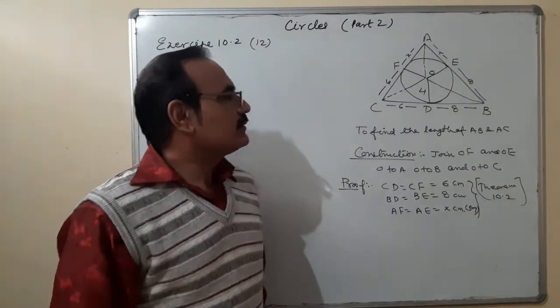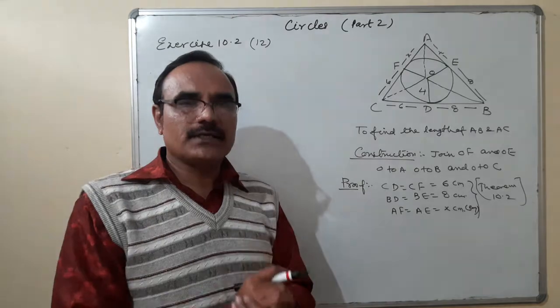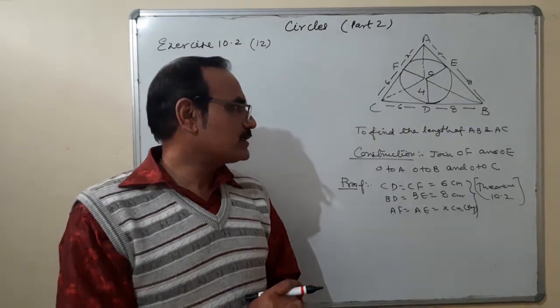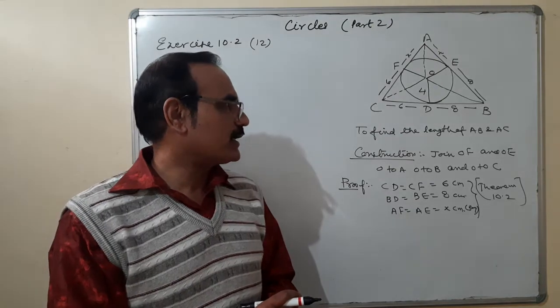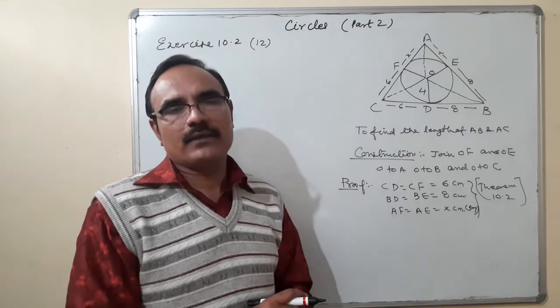This is a triangle. You can see a big triangle ABC. This big triangle ABC is divided into three parts. One is triangle AOC, second triangle COB, and third triangle AOB.